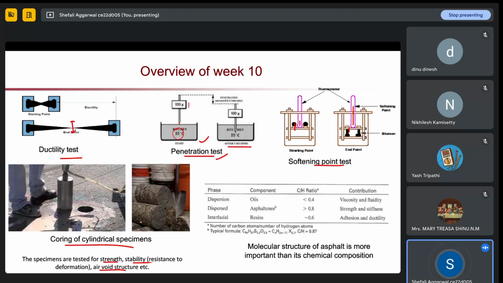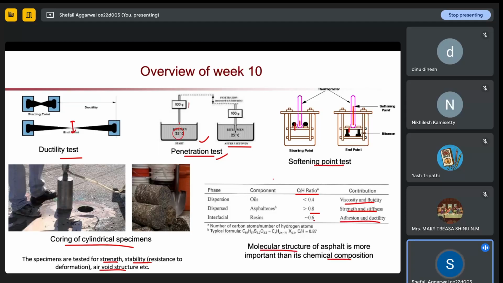As we talked about, our bituminous materials are mainly organic compounds. So the molecular structure of this material is more important than its chemical composition. From this example, if your C by H ratio, carbon by hydrogen ratio, is less than 0.4, you have very good viscosity. However, if it is more than 0.8, your stiffness and strength will be higher, and if it is approximately 0.6, your adhesion and ductility will be more.